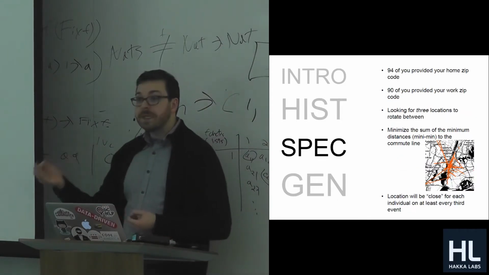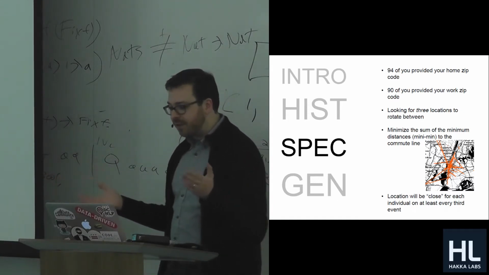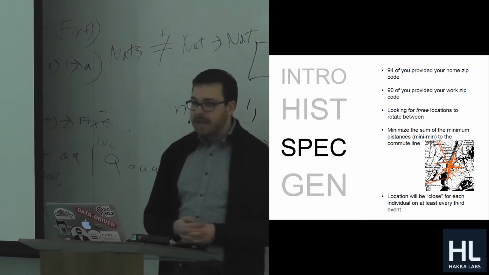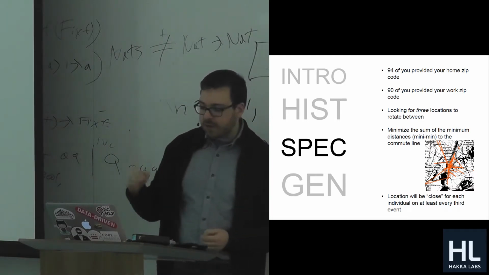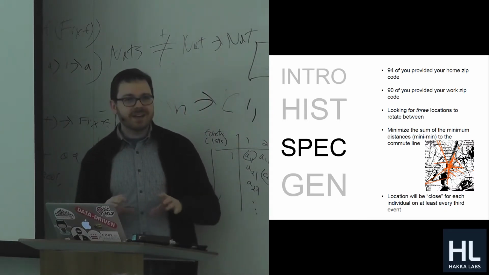So to be specific, what am I going to do tonight? 94 of you provided your own zip code, 90 of you provided your work zip code. And the problem I really want to solve is, I would say, worse in DC than it is in New York.